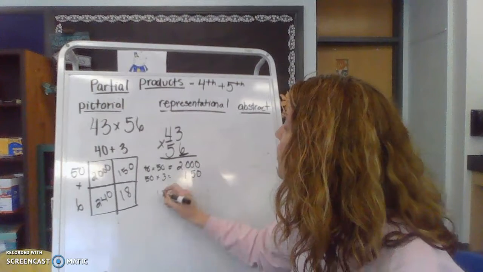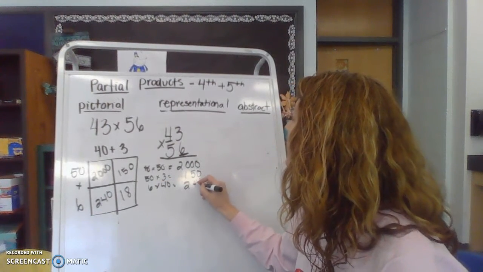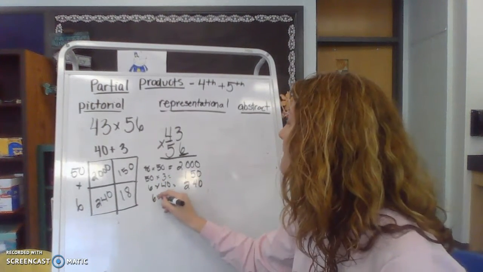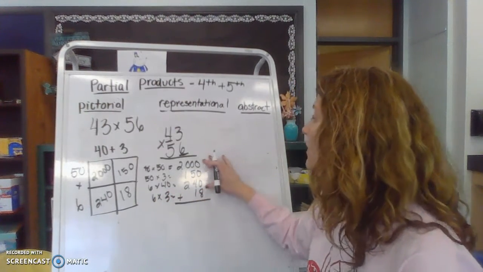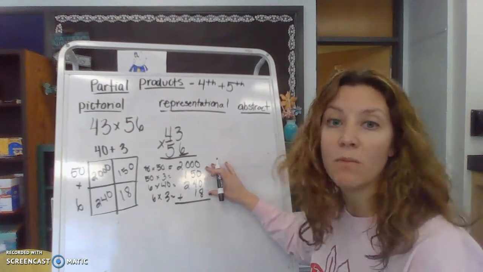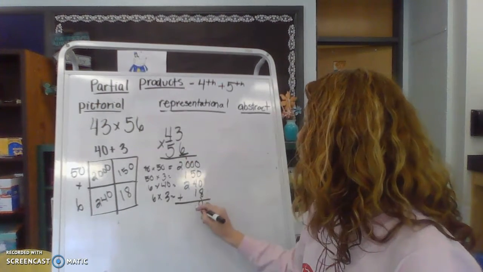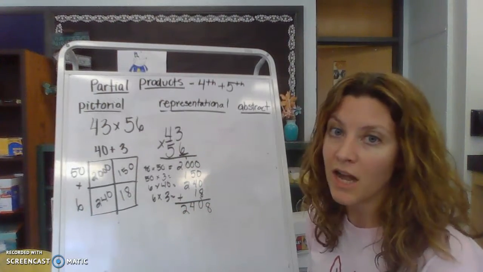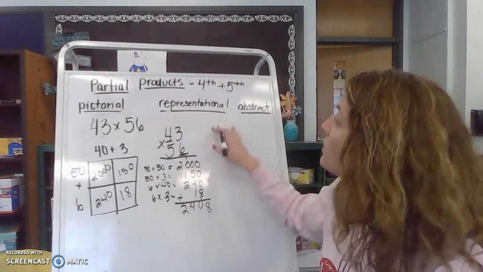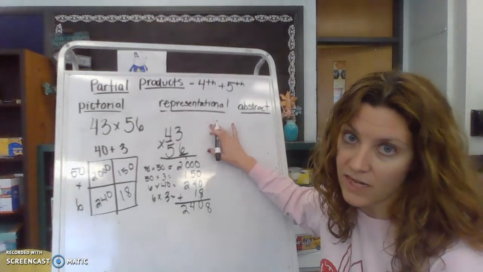So 6 times 40 and 6 times 3. Again, we refer to these as our partial products, and when you add them together, you'll get your final answer of 2,408.